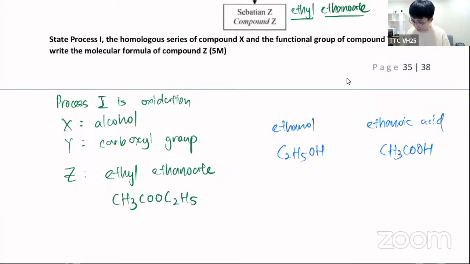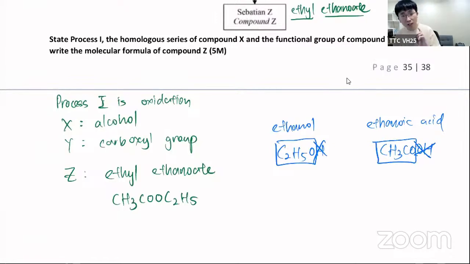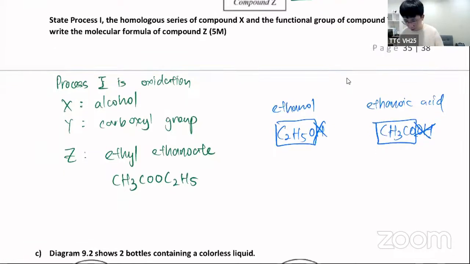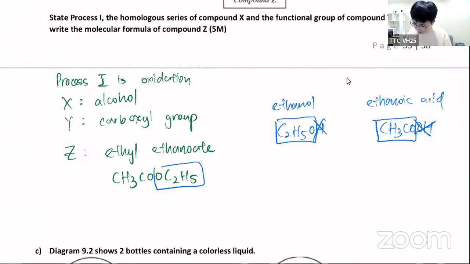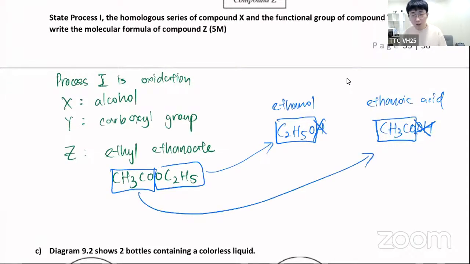So to combine them, I take out the OH, I take out the H. So this combines to this, CH3COOC2H5. So this one is from here, this one is from here. The blue curve, you don't need to write. I just give you an idea how I get it so fast. Okay, so that's the 5 marks we have. Name, formula. So 1, 2, 3, 4, 5. Okay. 5 marks.